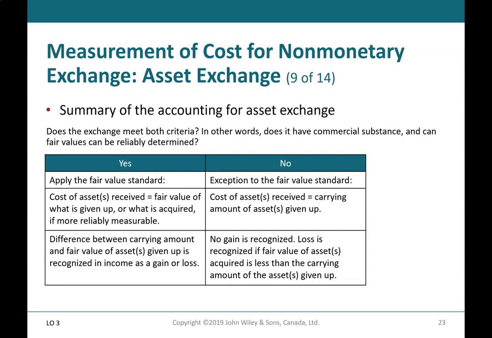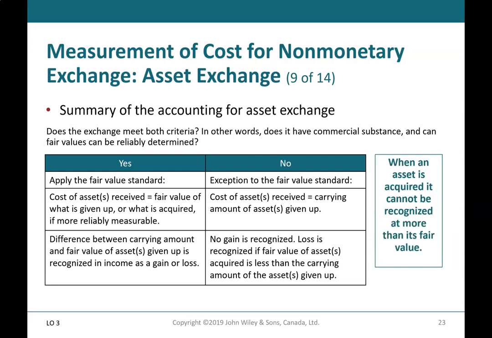Cost of assets received equals carrying amount of assets given up. No gain is recognized. Loss is recognized if fair value of assets acquired is less than the carrying amount of the assets given up. When an asset is acquired, it cannot be recognized at more than its fair value.